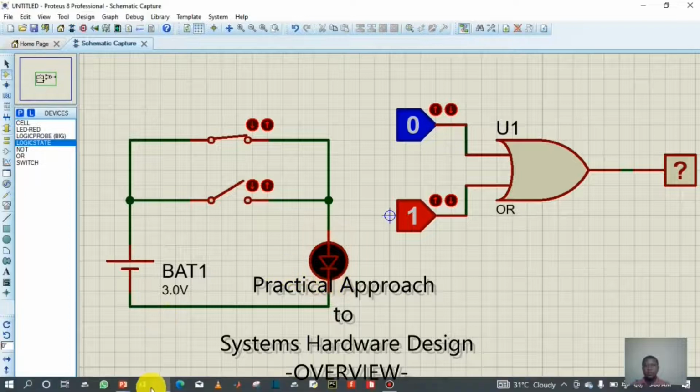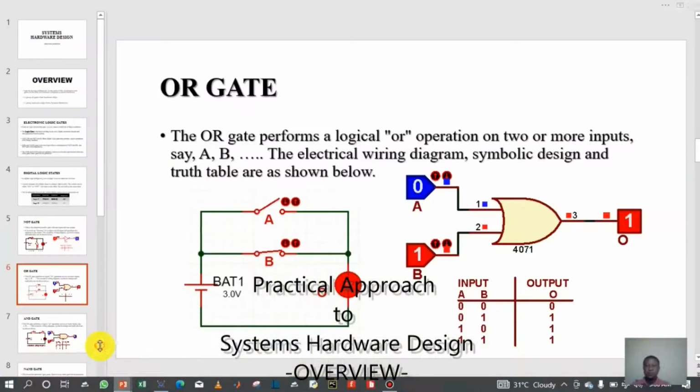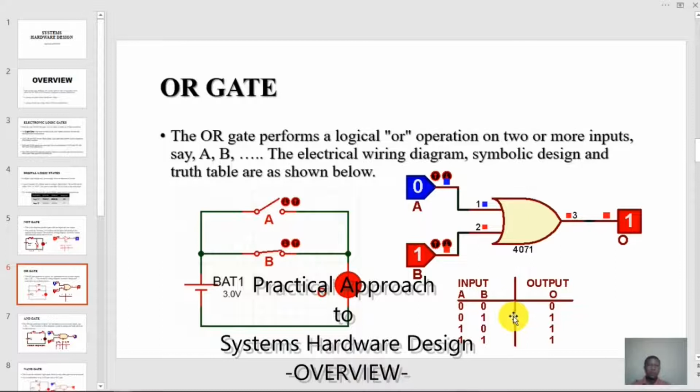As we said earlier, this is the OR gate. When both inputs are zero, the output is zero. For other conditions, the output is 1.